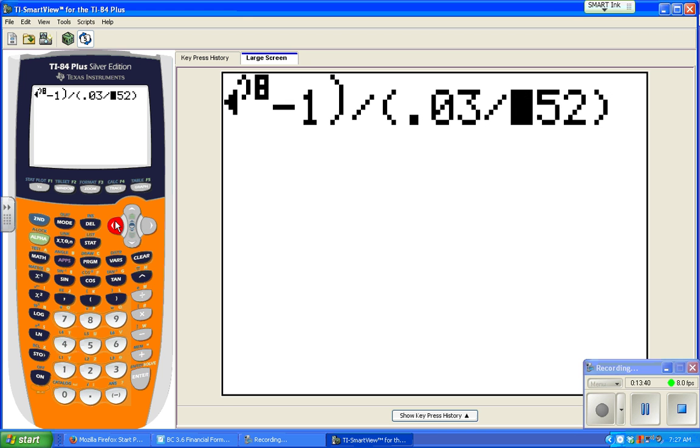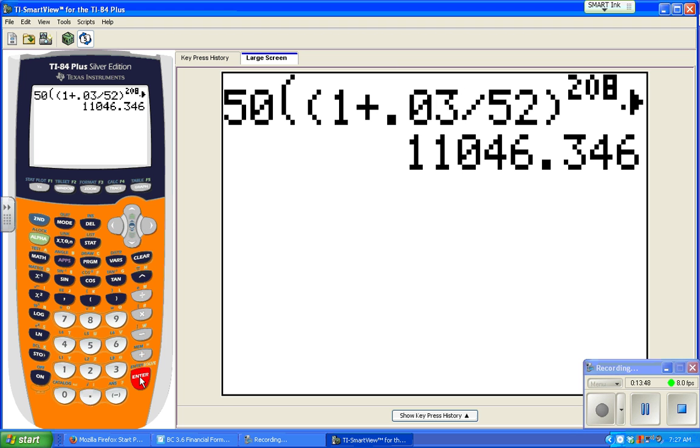I know some people would prefer to do some of these little calculations separately, and you can do that. My only concern is, and you probably already know, rounding. You cannot round intermediate steps, and when you're talking about raising something to the 208th power, that's a huge deal.